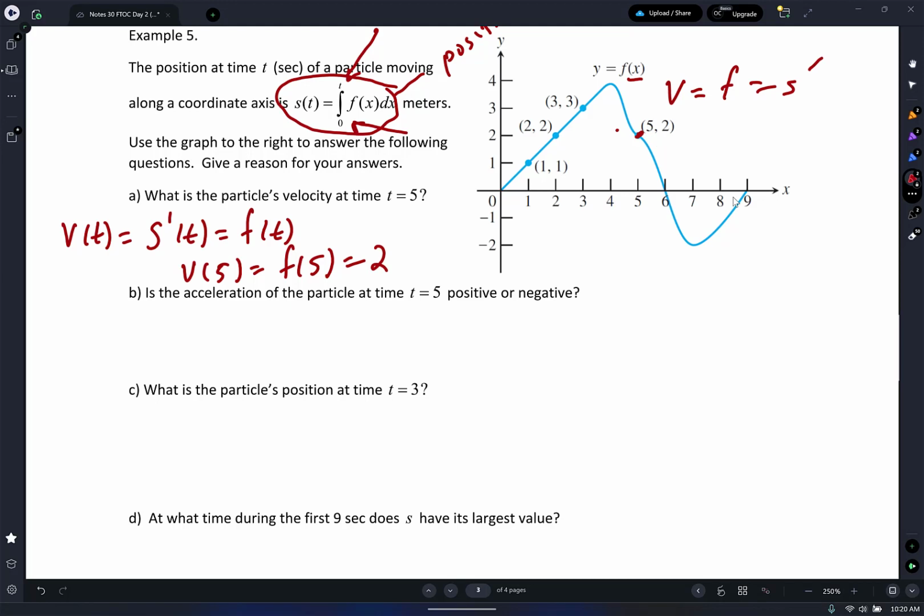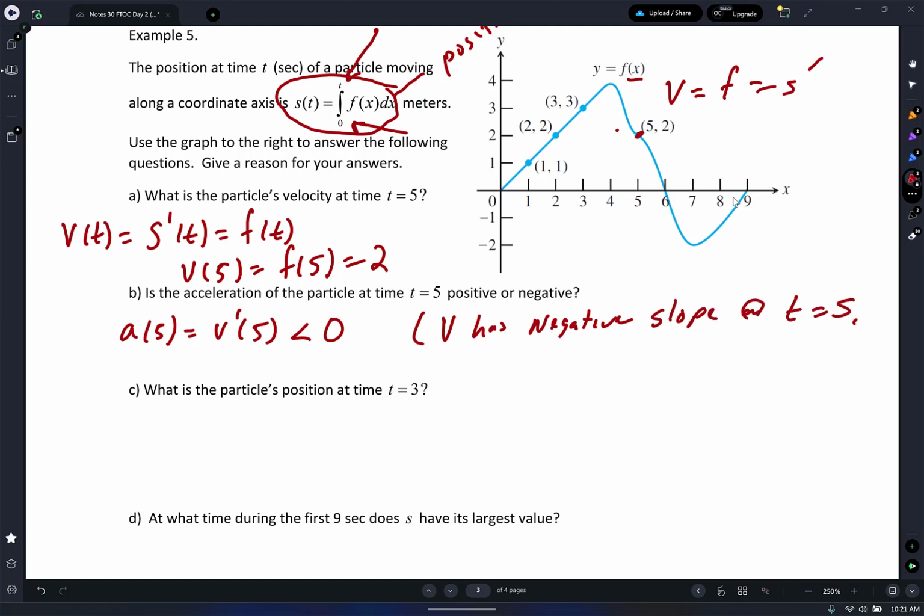So I'm going to write a of 5 is equal to v prime of 5, which is negative. You can put in parentheses negative slope. v has negative slope at t equals 5. There's your explanation for when you see this.